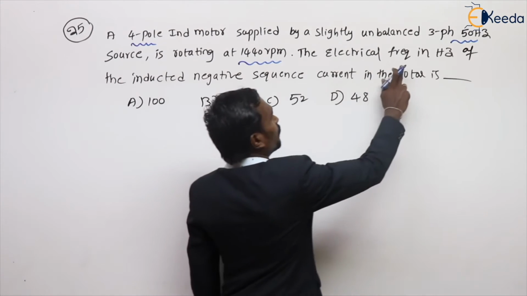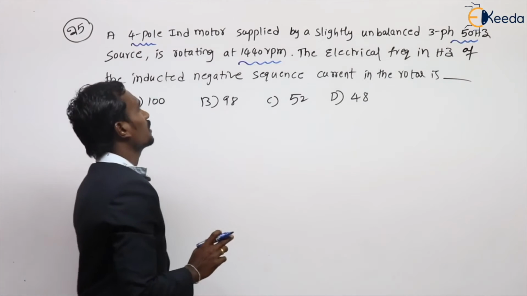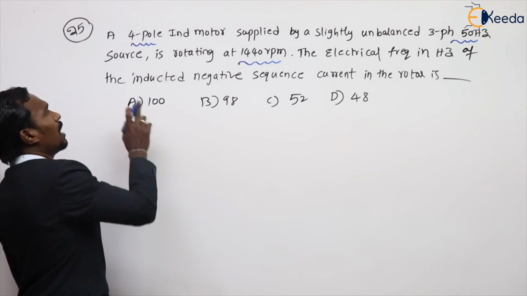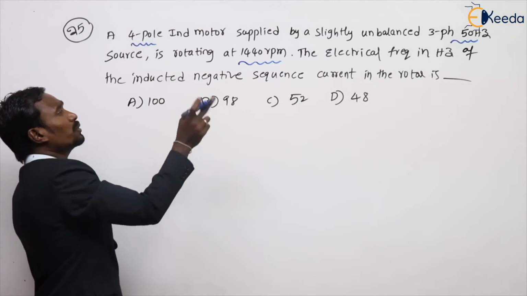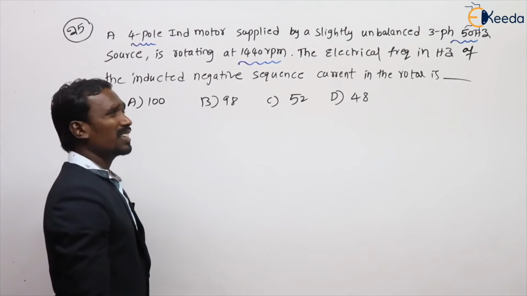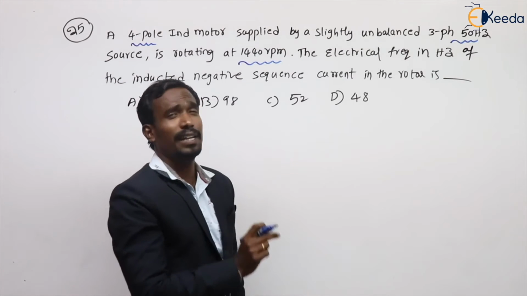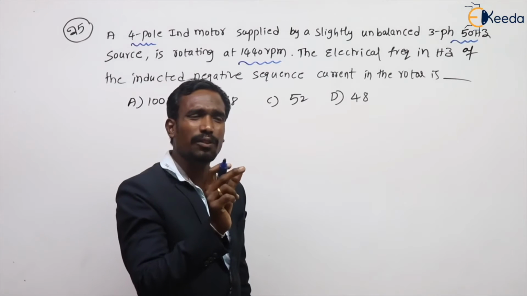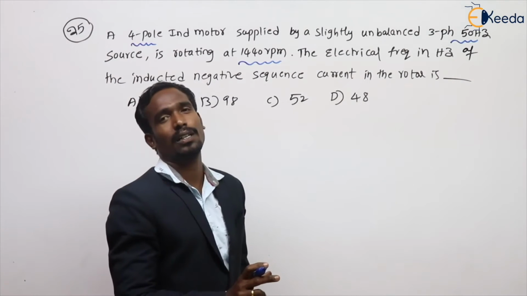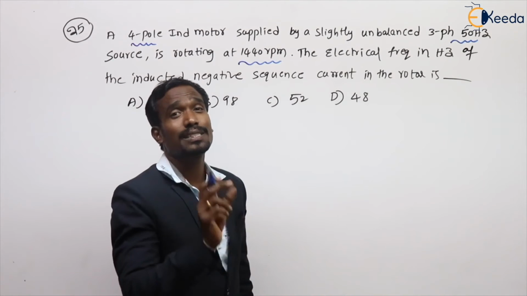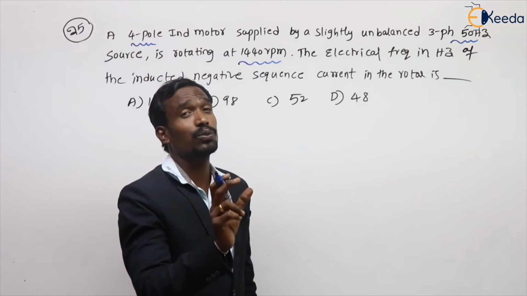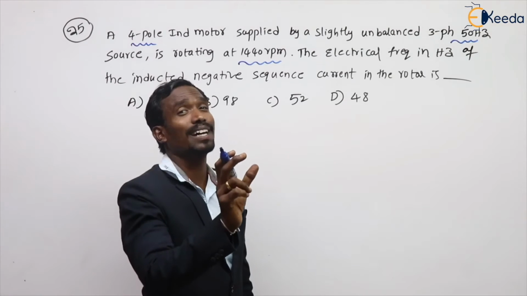The electrical frequency in hertz of the induced negative sequence current in the rotor is what we need. We have to find the negative sequence rotor current frequency.